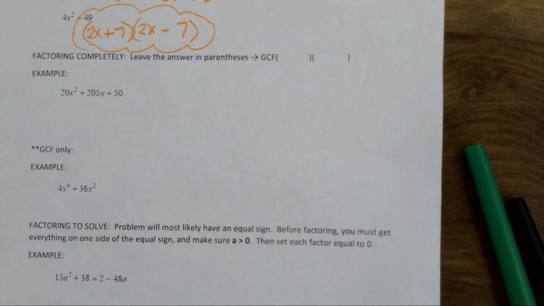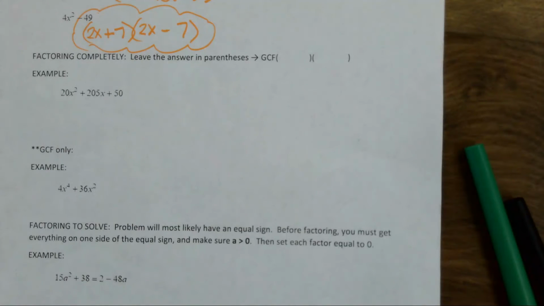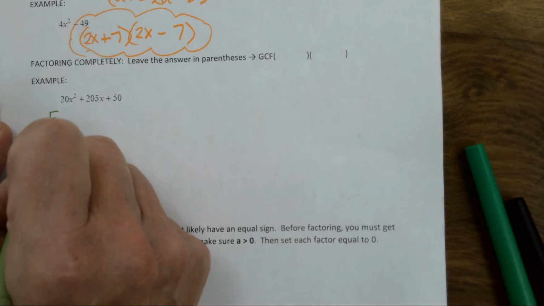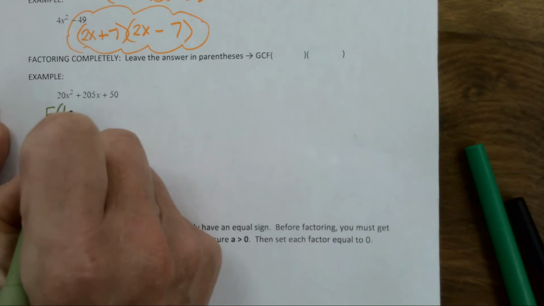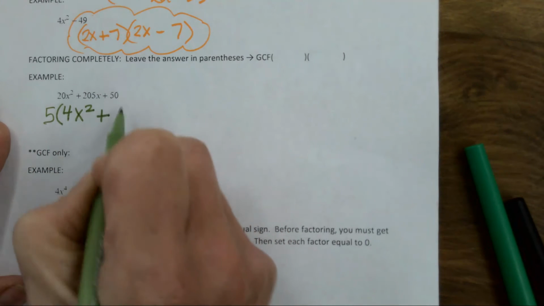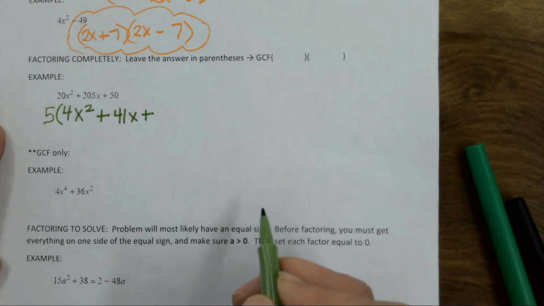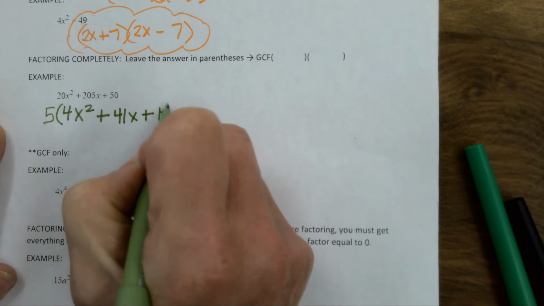Is there anything that comes out of 20, 205, and 50? 5. Great. So we'll go ahead and we'll take out a 5. And then I'll rewrite this as 4x squared plus, looks like 41x plus 10.